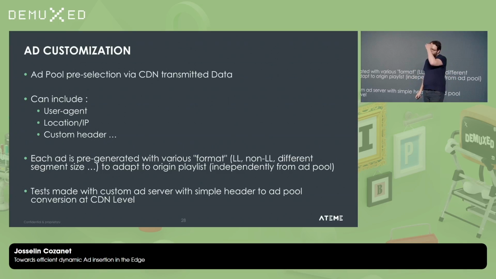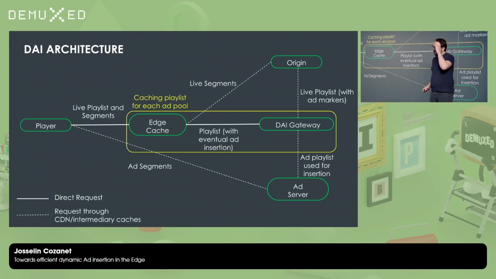So the tests we made for our use case were, of course, a little simpler than that. We had a few ad pools available, and we had a fairly straightforward conversion from CDN parameters to ad pool. But what it means is that basically what is inside this yellow box is the bottleneck of this whole architecture.